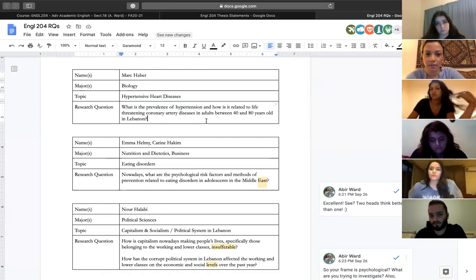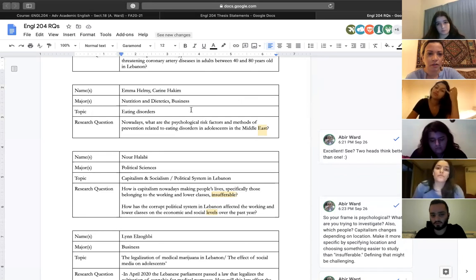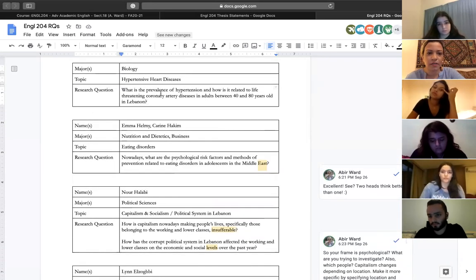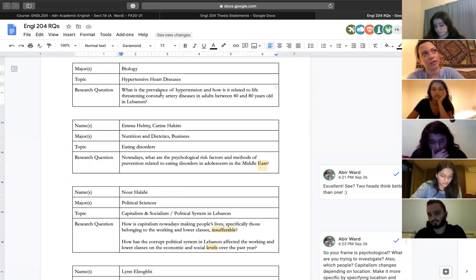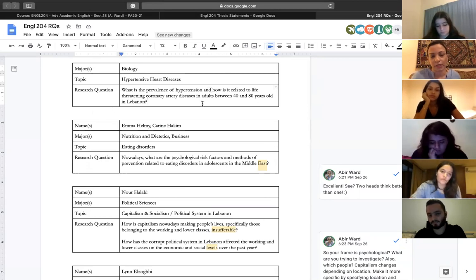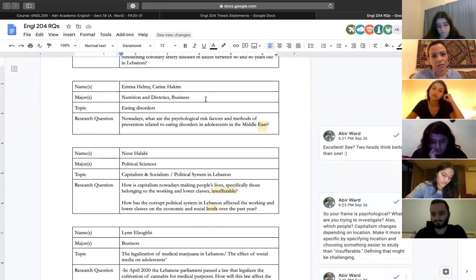Not in your thesis, definitely in your paper, definitely in your research. So how do you mention it in your research? You mention it in the background information. You are setting up the frame. Okay, so for now, just keep, how is hypertension related to life-threatening coronary artery diseases in adults? Okay. Awesome. Thank you.